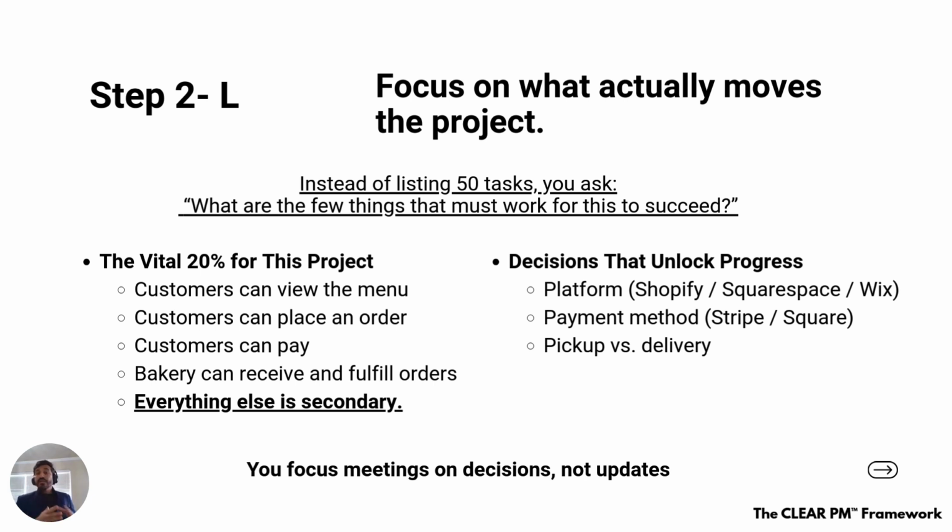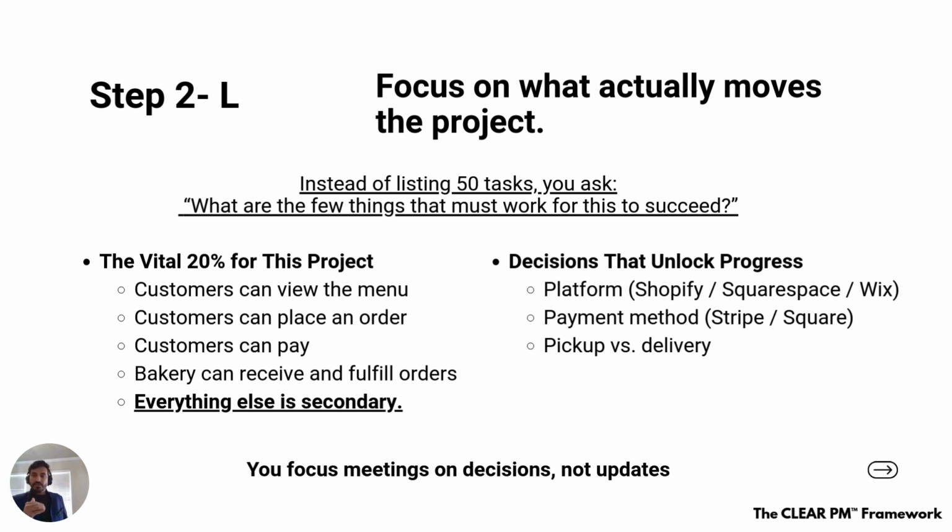I don't need a very fancy UI. A simple box with good images of my bakery items should be good enough to start. I don't need fancy images to start with. That is my 20%. If I focus on fancy images, maybe I will not be able to complete the order placing functionality.